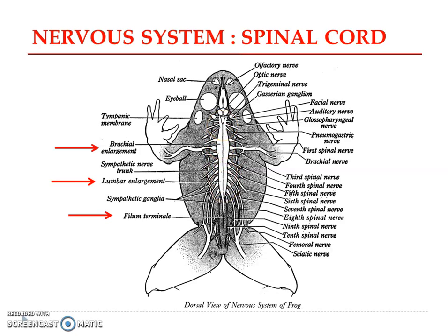So the spinal cord extends posteriorly from the medulla oblongata through the foramen magnum. It is an opening in the skull through which it comes out, and it lies within the neural canal of the vertebral column.